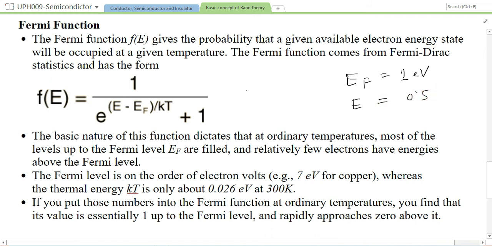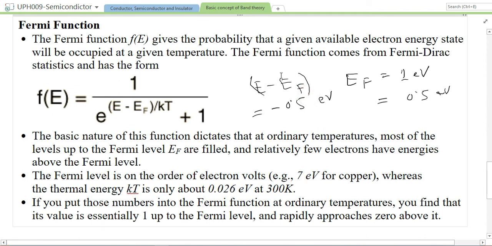So how much is E minus EF? That is minus 0.5 electron volt. So in this case, E minus EF is negative. At a given temperature, which is positive because temperature is measured in Kelvin, this total exponent is negative.